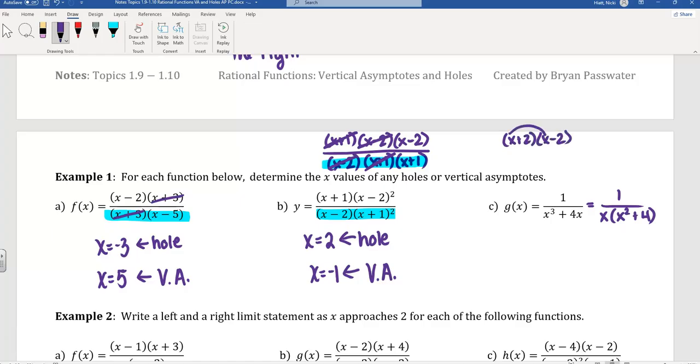If I multiply that back, I get x squared minus 2x plus 2x minus 4. That's going to be x squared minus 4. So this does not factor into x plus 2 times x minus 2. Let's try x plus 2 times x plus 2.